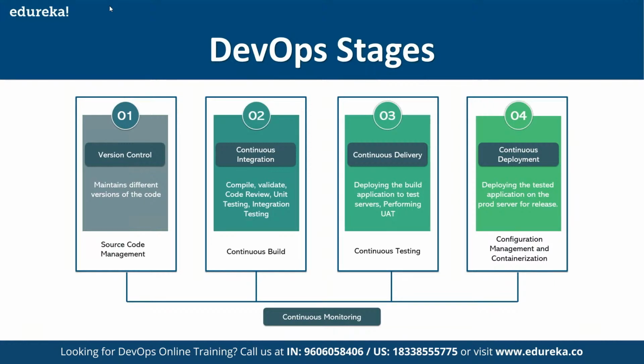Your entire deployment from lower to prod lifecycle happens in a fully automated manner. That is the difference between continuous delivery and deployment. And finally, monitoring. Monitoring is needed at every stage, whether you are doing an automated build or deploying to a lower lifecycle or prod, in whatever manner, you need continuous monitoring. So these, in broad terms, guys, are the different stages in your DevOps lifecycle or DevOps pipeline.